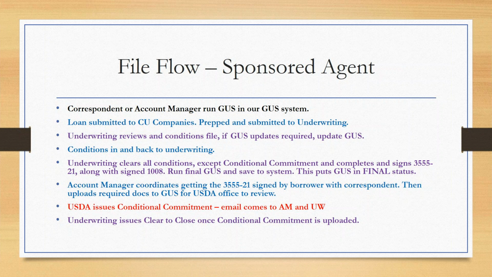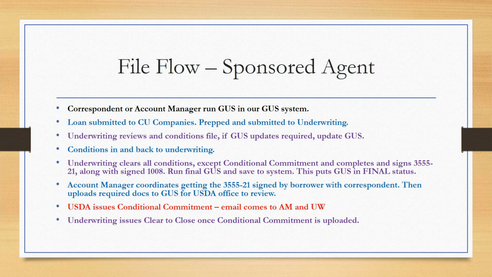Then, again, like any other loan, you run the GUS, you get your loan submitted to the TPO website, it gets submitted to underwriting, underwriting will review it, and if anything needs to be updated in GUS, since it's in our system, we can go ahead and update it. And then we'll issue you the conditional approval.